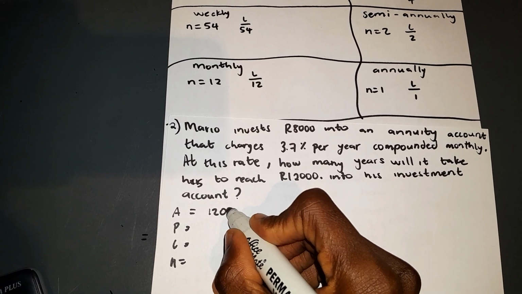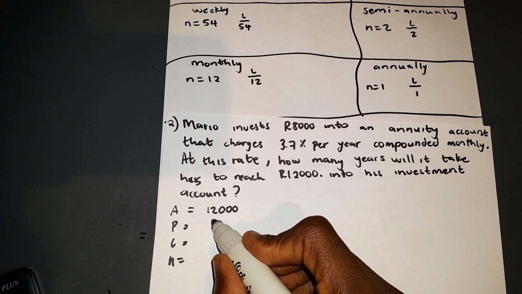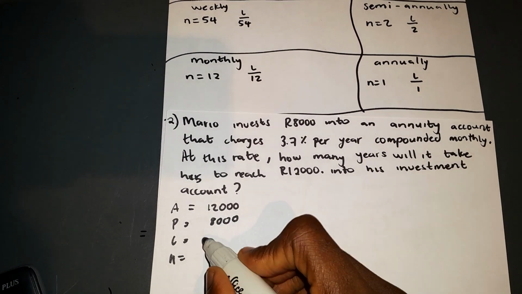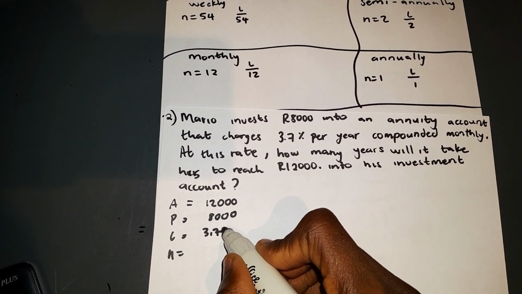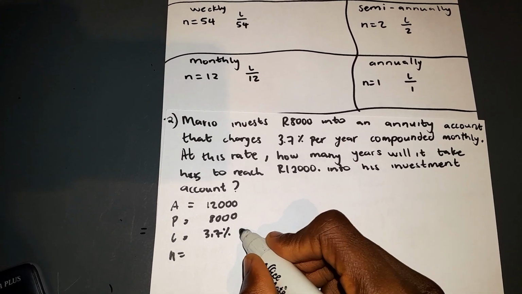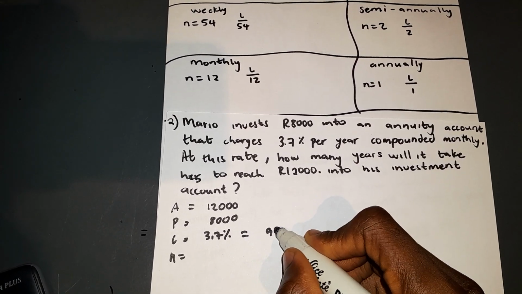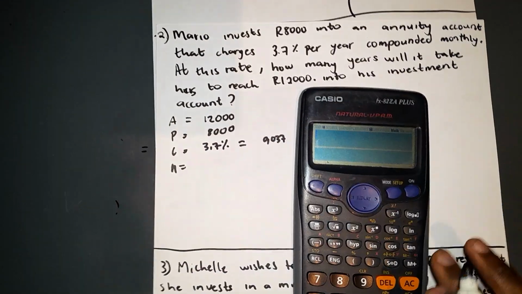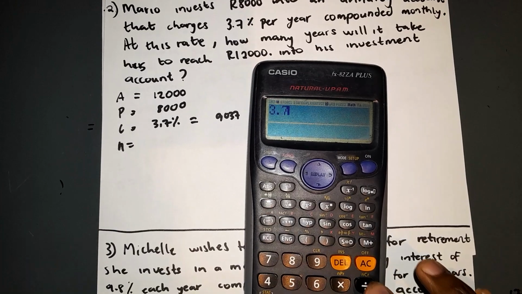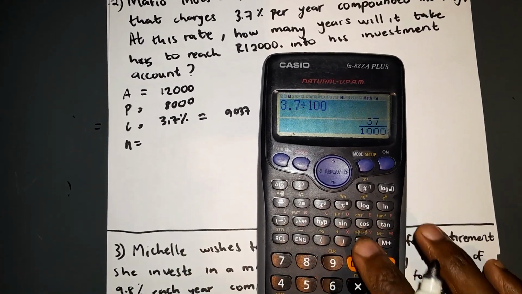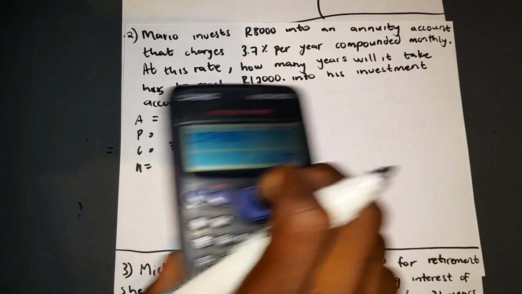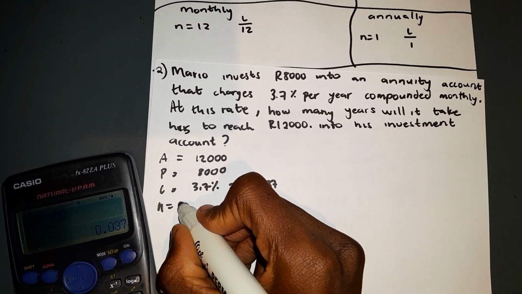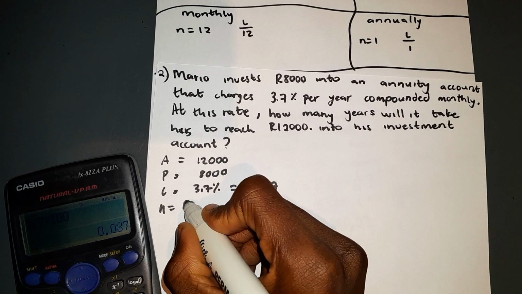He will be investing 8,000 rands, and the interest rate is 3.7%, which is 0.037. You can test it on the calculator so you can be sure. Correct. So we are now looking for the number of years.